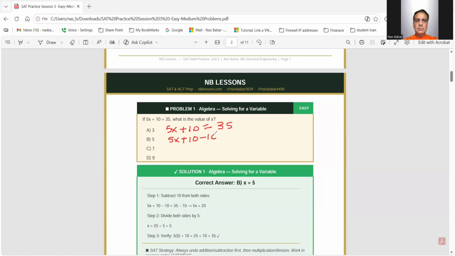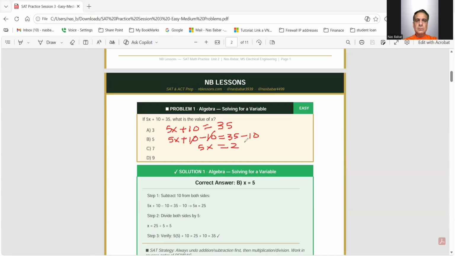Whatever I do on the left-hand side of the equal sign, I have to do the same thing on the right-hand side to maintain the balance in an equation, okay? So 35 minus 10. Then, as you know, this 10 and this 10 will cancel. Then you have 5x is equal to 25.